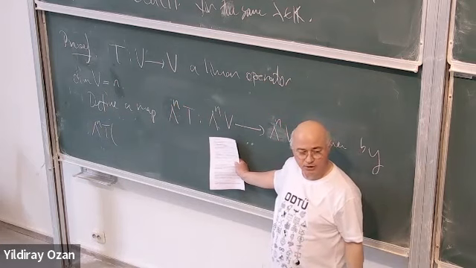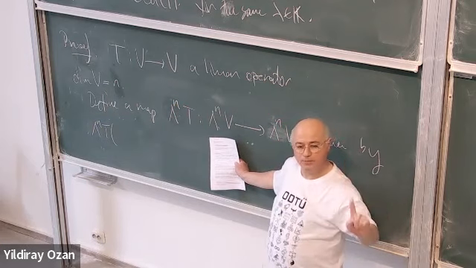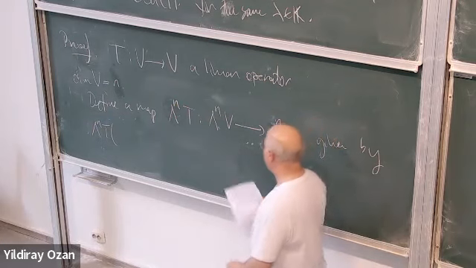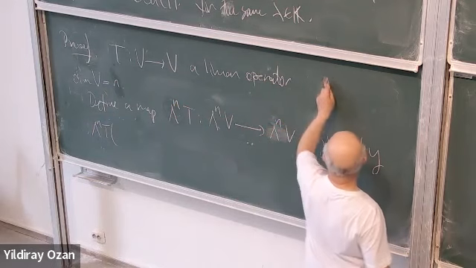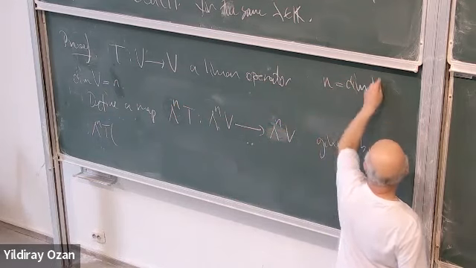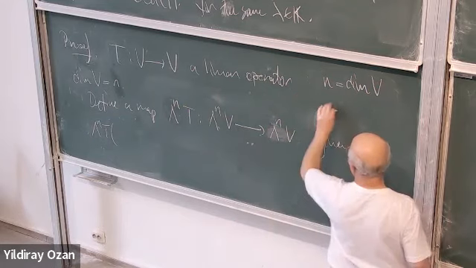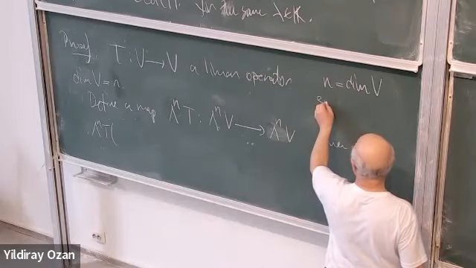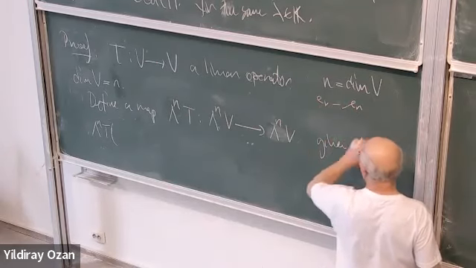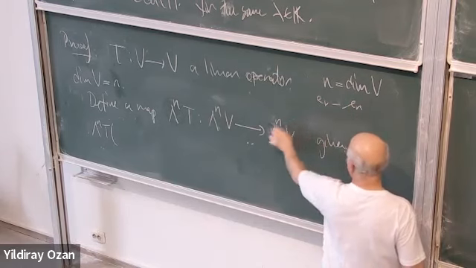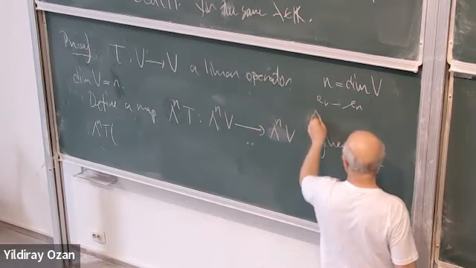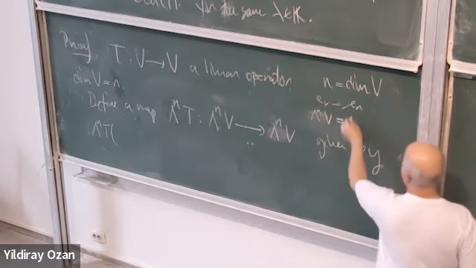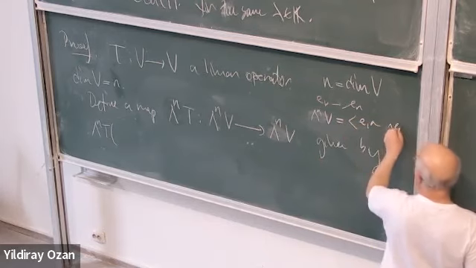Here n is the dimension of V, and the basis for this is just, if you denote the basis E1 to En for V, then this is the span of this vector E1 wedge up to En, right?